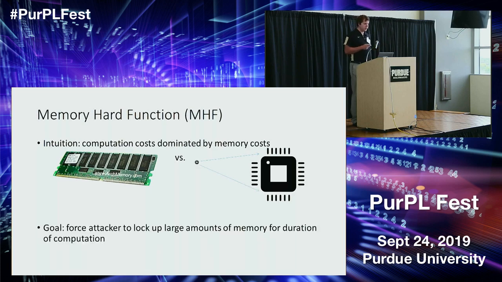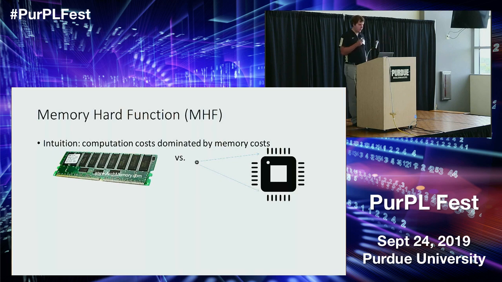If we can do this, we can guarantee that this function is going to be expensive to compute even on customized hardware. After all, the DRAM chip that you have in your computer is more or less the same thing that the attacker could put on his ASIC. So now we have good constructions of memory hard functions.